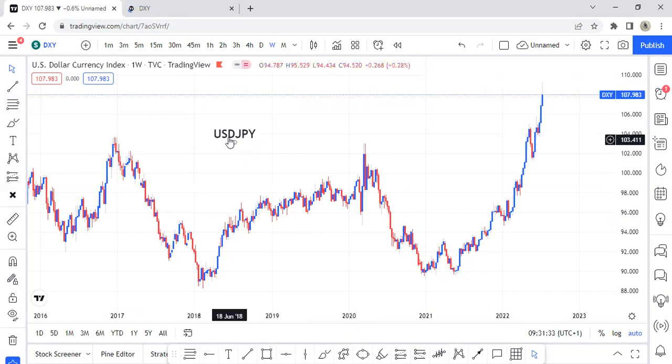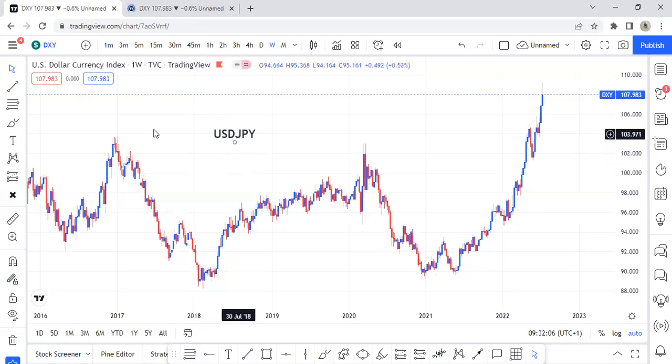If you buy this pair USD JPY, you are saying that you believe the USD is going to go up relative to the JPY. If you sell it, it means you believe USD is going to be weaker than the JPY. So this pair goes up when the JPY is weak against the USD, and it goes down when the JPY is strong against the USD.